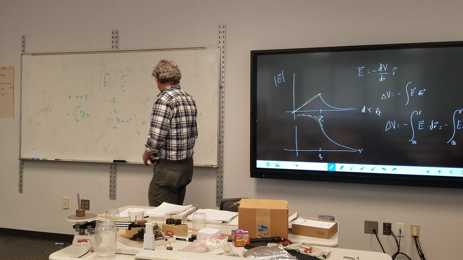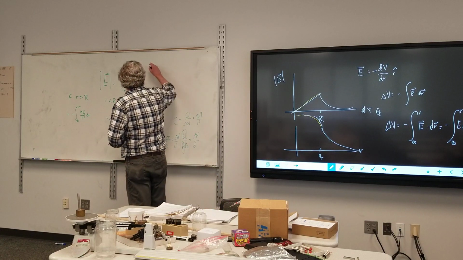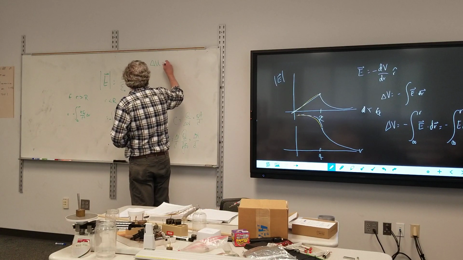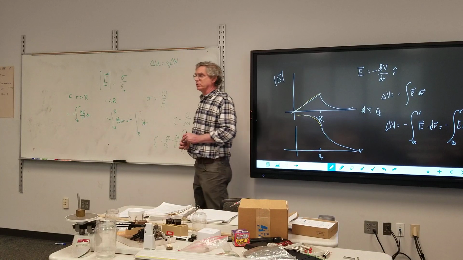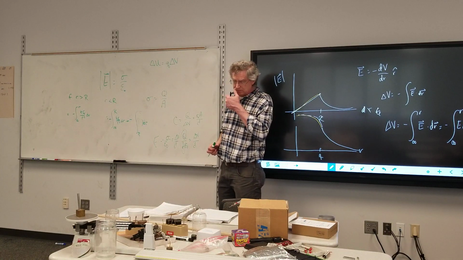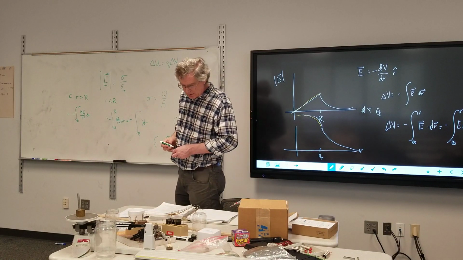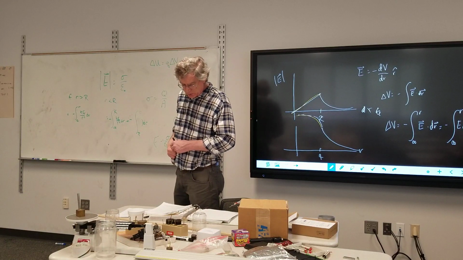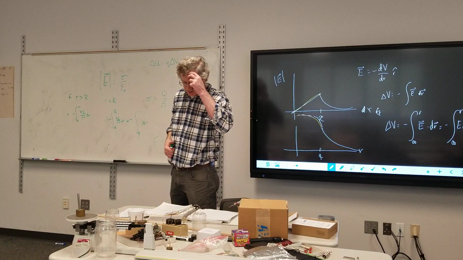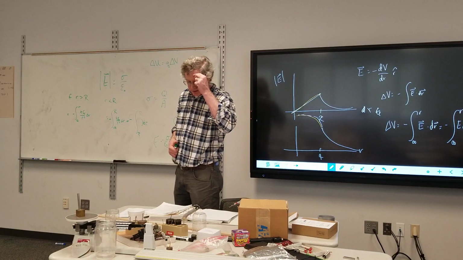I know that the change in potential energy is equal to Q times the change in the electric potential. So I have the charge, delta V, you will have found.